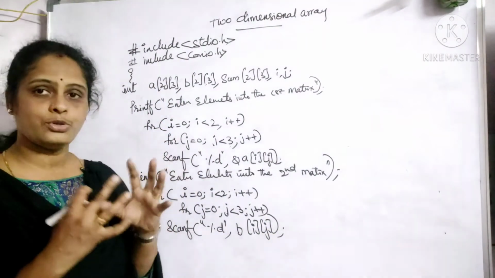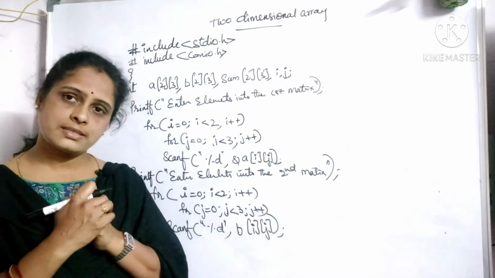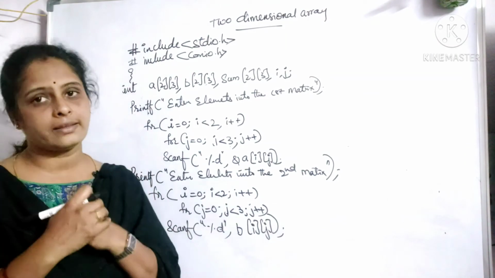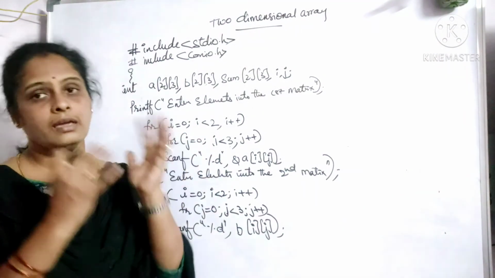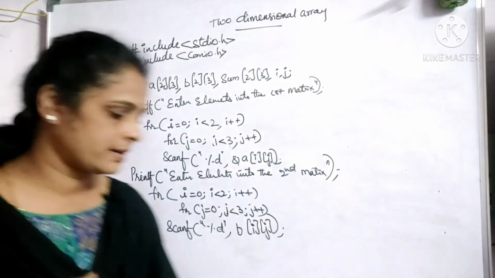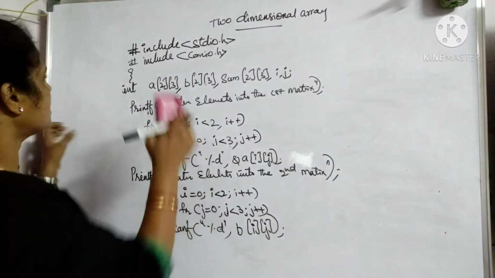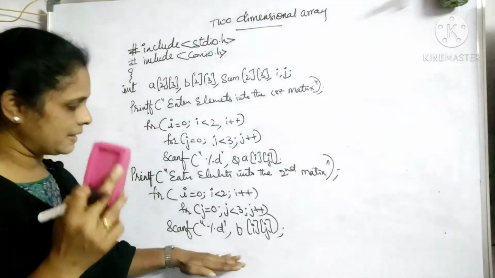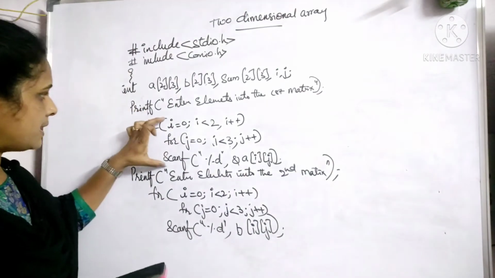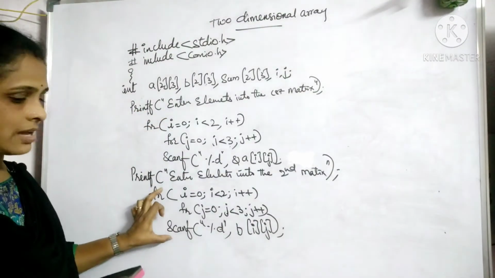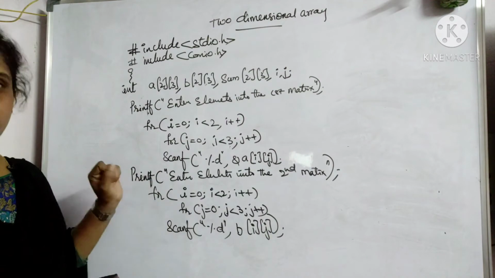So this is how now you have the elements with you. The next thing you need to do is to add these two matrices, that is add the elements of A with B. I'm erasing it here. I hope till here it is clear for everyone. We have accepted elements into the first matrix and into the second matrix.